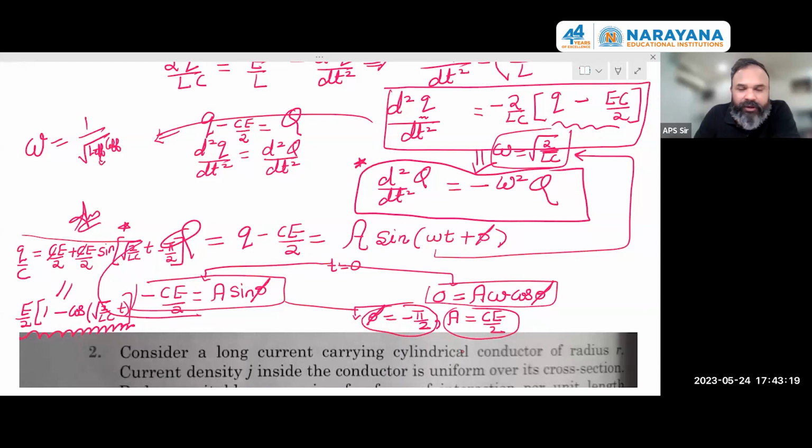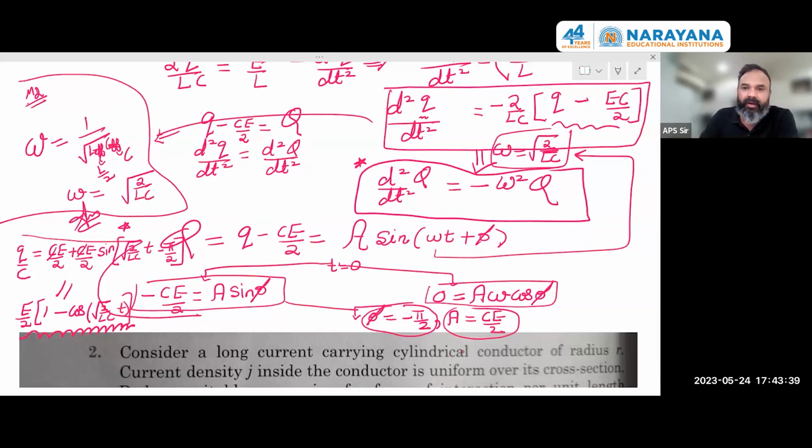If I short the battery to find L effective, those two L will be in parallel, so I could have written L by 2 and C effective as C. So this is also one method. In this trick based method, I could have directly written that my omega is root of 2 by LC. Then I would have speculated an oscillatory solution.